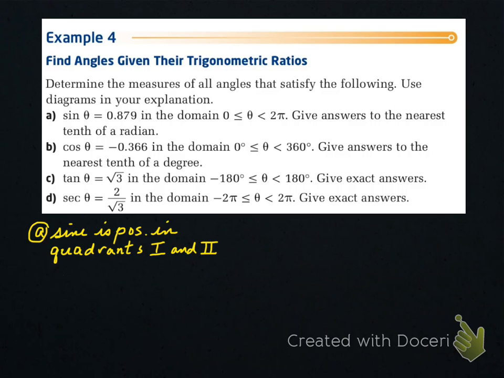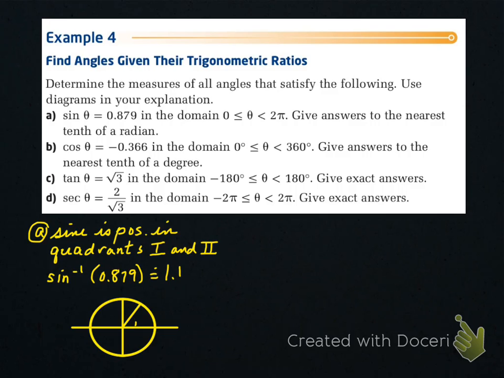Find angles given their trig ratios. Sine of our first angle is positive 0.879 from 0 to 2 pi. Give our answers to the nearest tenth of a radian. Well, this time the sine inverse of 0.879 is approximately 1.1 radians.